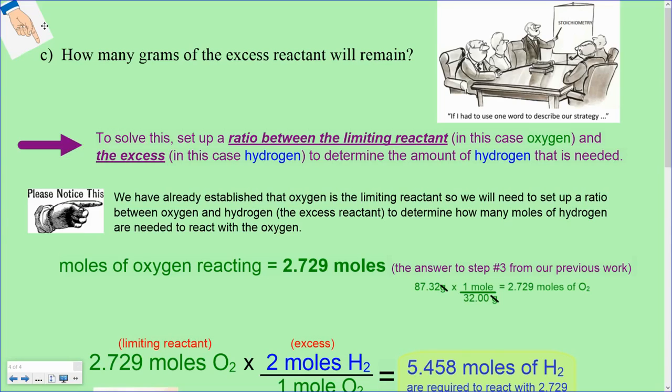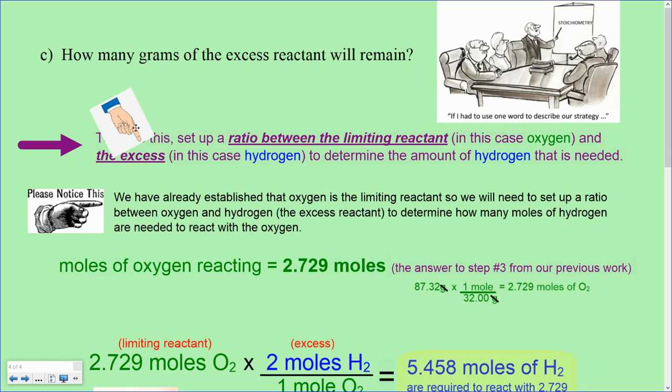So here's how we're going to solve for the amount of excess reactant that remains. I just want to remind you that this really isn't any more complicated than the example we did with the bread and the bologna. So we've already established in the previous work that hydrogen in this case is going to be the excess reactant and oxygen is going to be our limiting reactant.